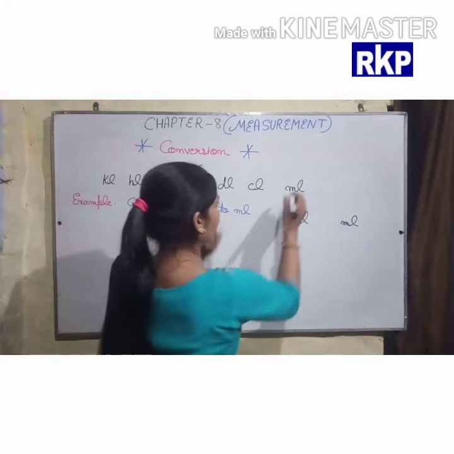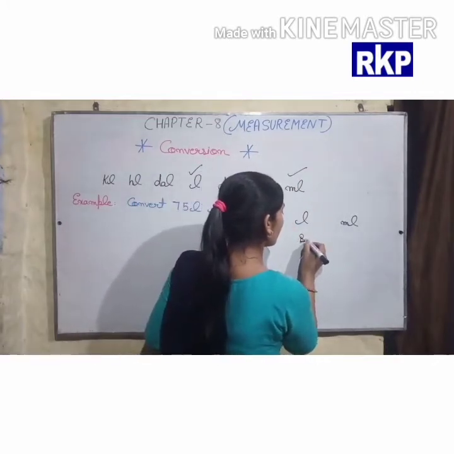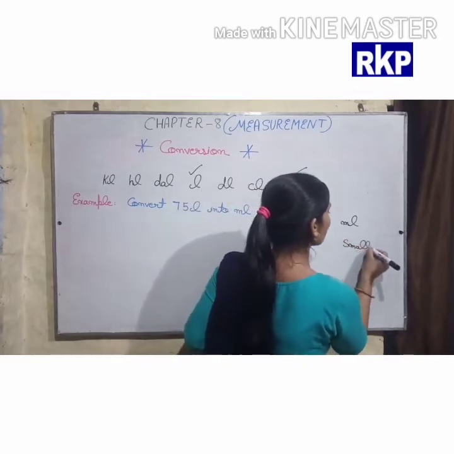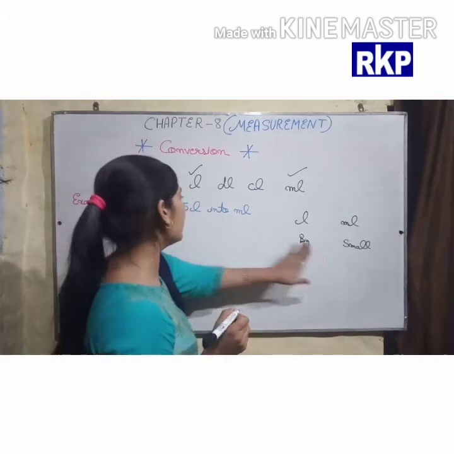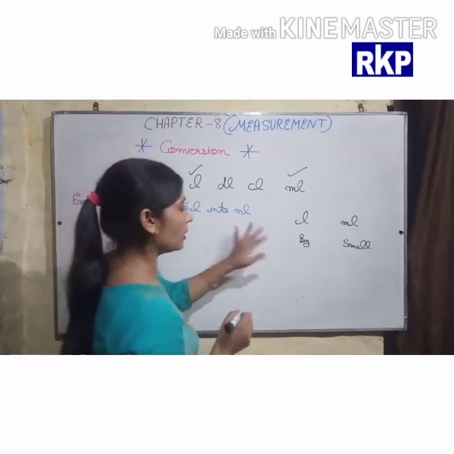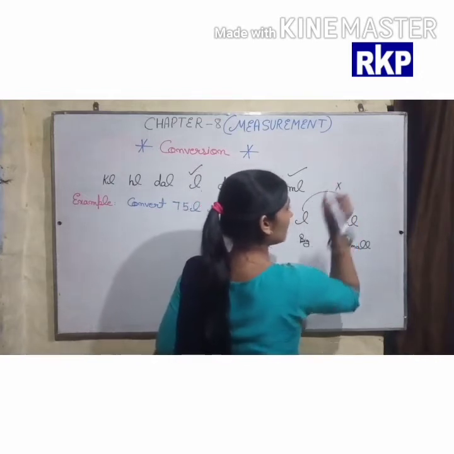Liter is greater than milliliter: liter is the bigger unit and milliliter is the smaller unit. We have to convert liter into milliliter, so we have to multiply.